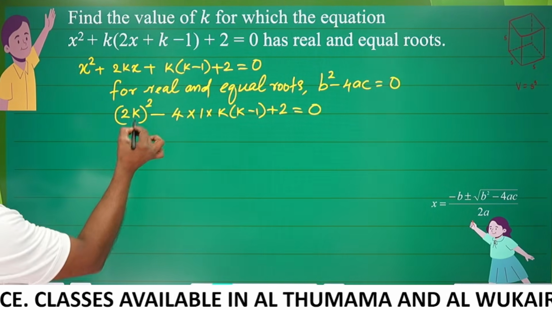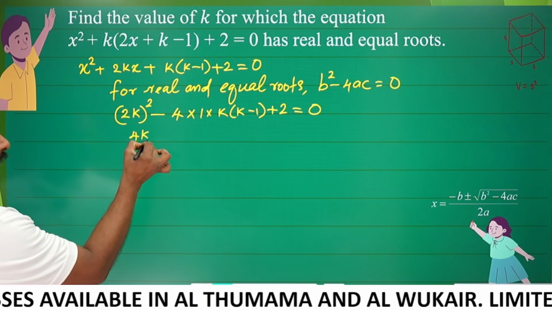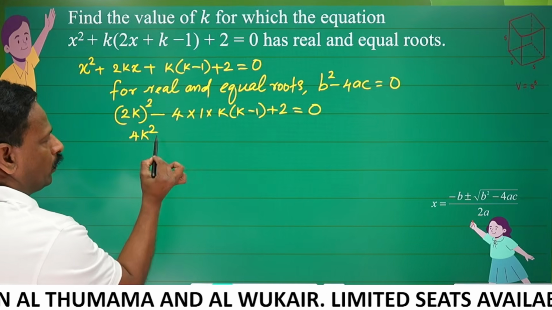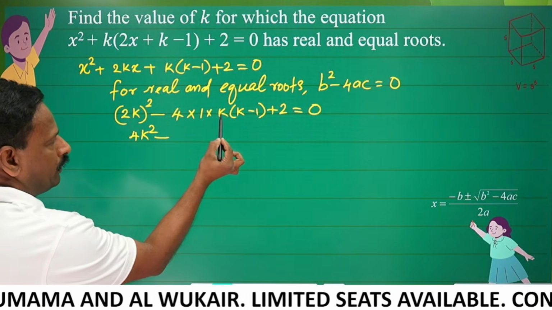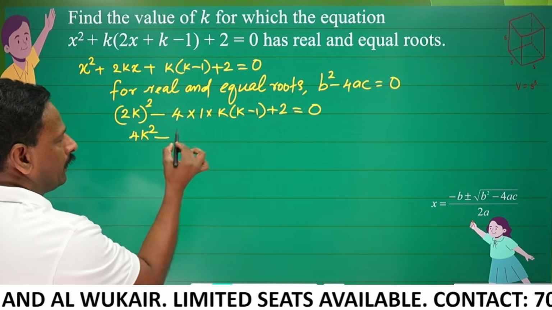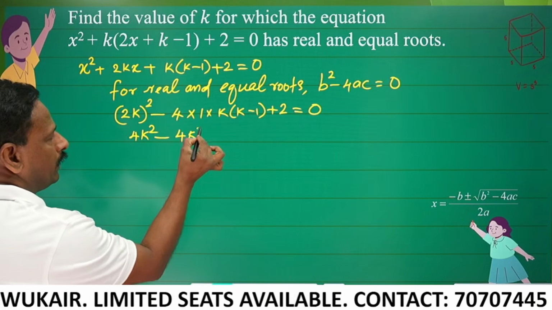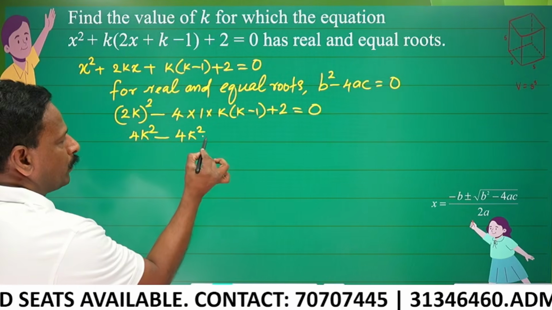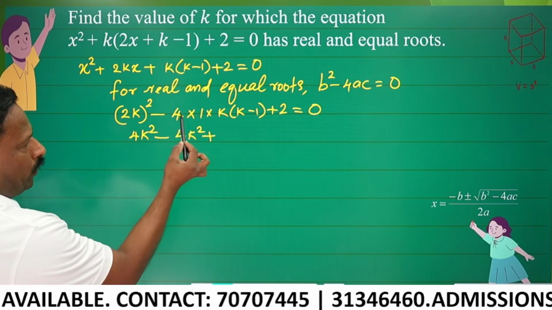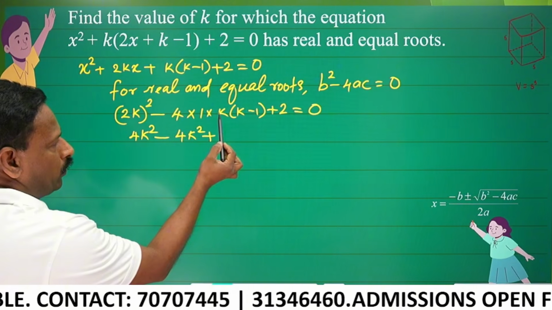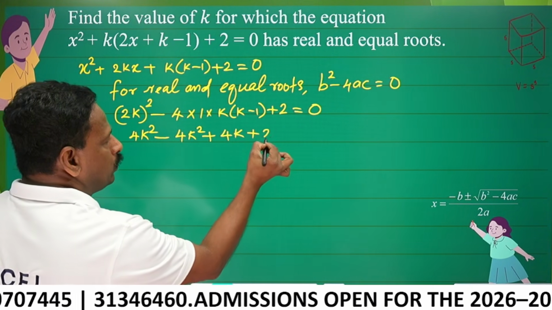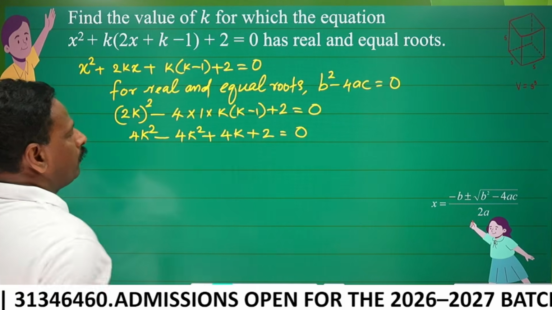So this is 4k square. Here once if you open the bracket, 4 into 1 is 4, 4 into k is 4k, 4k into k is 4k square. Again, negative into negative is positive, 4 into 1 is 4, 4 into k is 4k, 4k into 1 is 4k, plus 2 equal to 0.